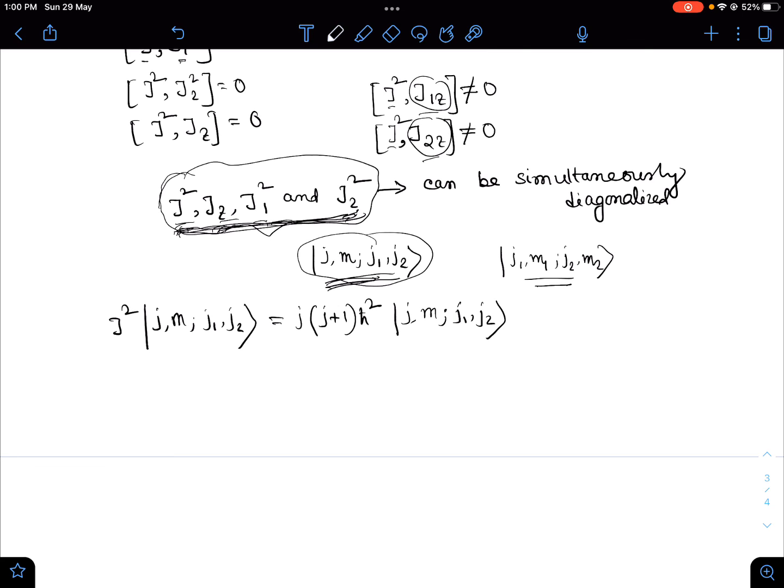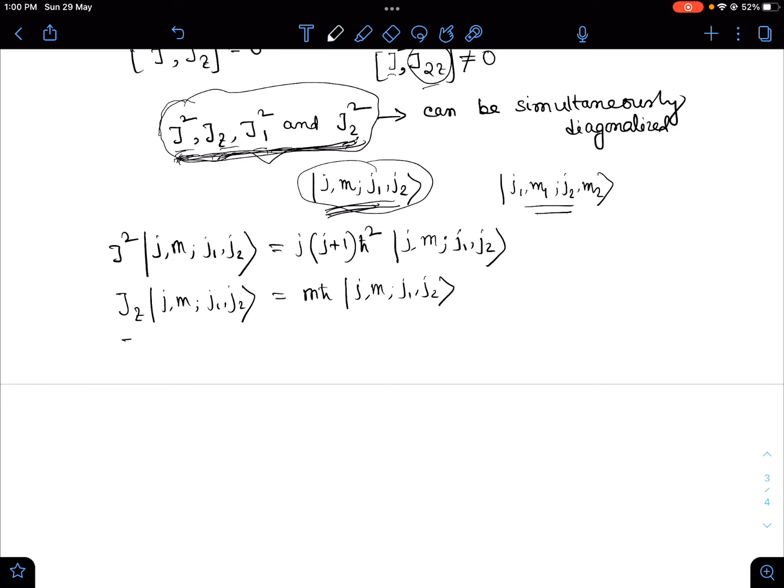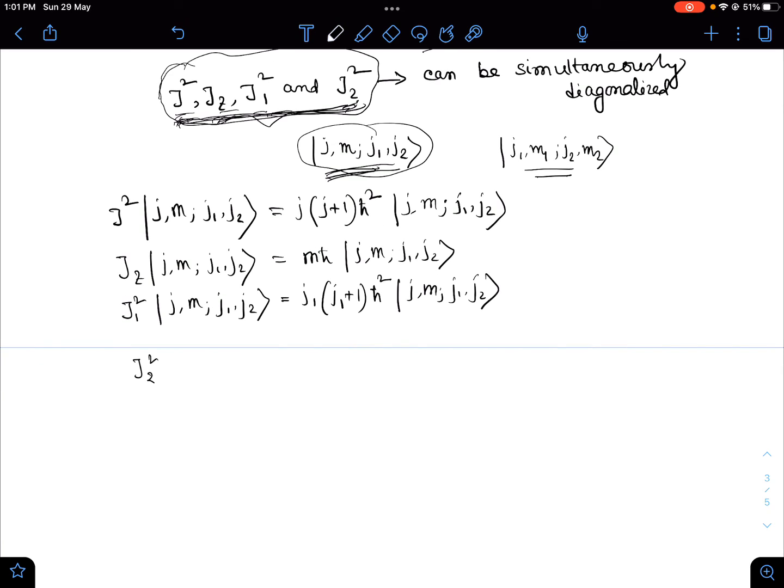Similarly, for JZ we will have Mħ times the state. For J1 square, we get J1(J1+1)ħ², and similarly for J2 square.